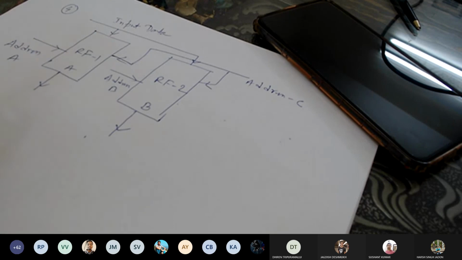Essentially, as I told you at the beginning, our aim is that by the end of this subject, all of you must be able to design your own processor, however small, but a complete processor with basic minimum functions. Things must be clear in your mind. That is my objective.